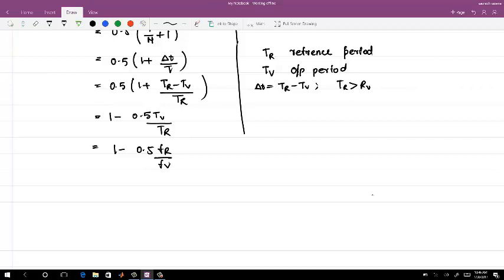So if I write it in terms of the real expression of V of up minus V of down average, that will be equal to negative of this. I just did this here, but you can calculate properly, which is equal to 0.5 times FR by FV minus 1. And this is the expression for when your FV is greater than your FR.